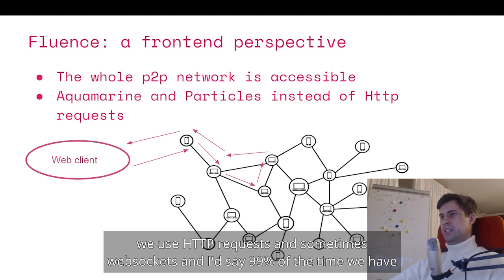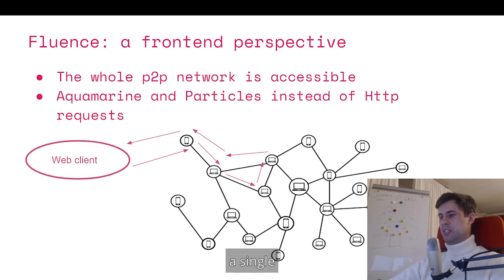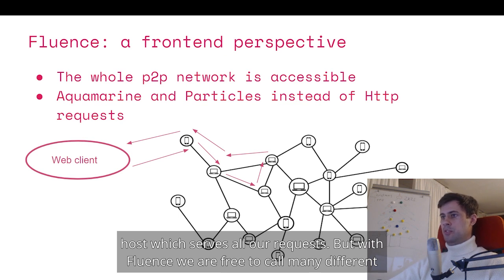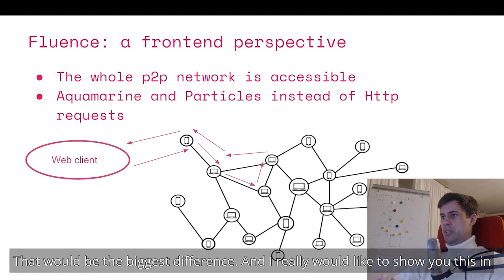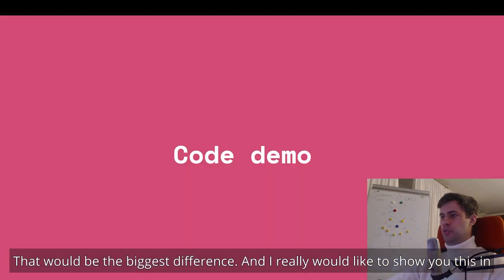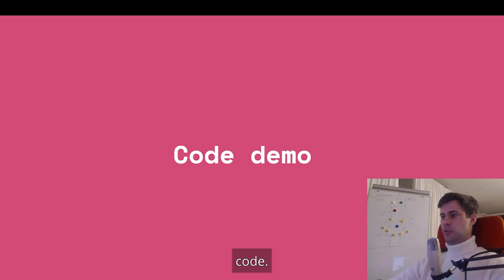And I'd say 99% of the time, we have a single host which serves all our requests. But with Fluence, we are free to call many different services, get data from them, and compose that data. And we're using Aquamarine and particles for that. That would be the biggest difference. And I really would like to show you this in code.